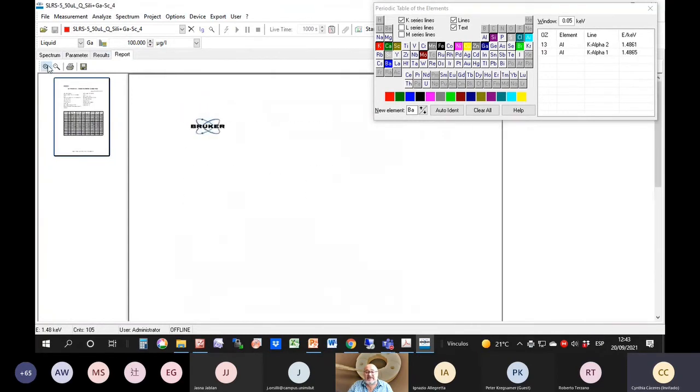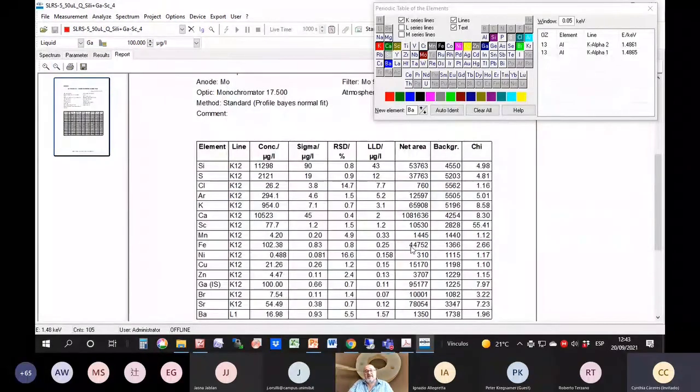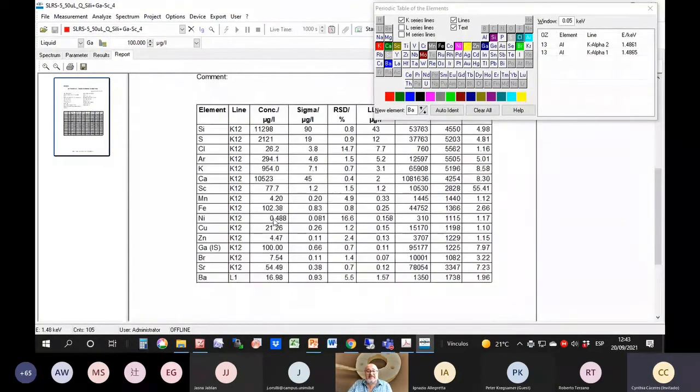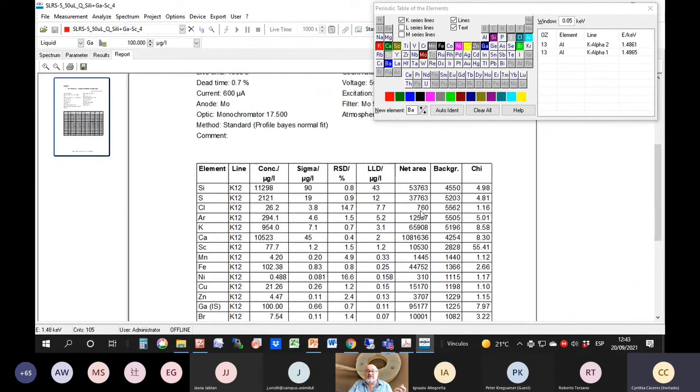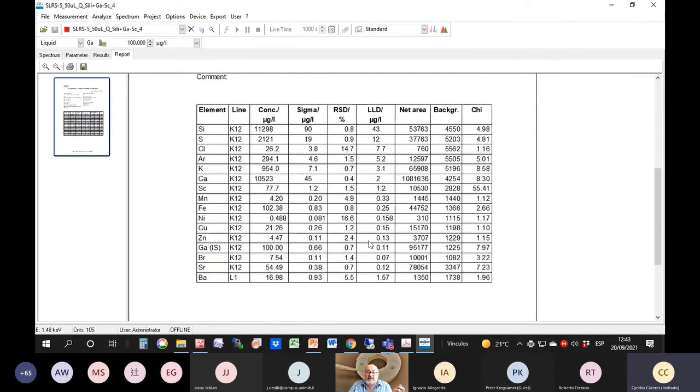Now this is in relation with something that I have commented previously. In this case, we are working at ppb level, but you can see, for example, for nickel, we are obtaining ppt level. If you consider the detection limit for all these elements from manganese to strontium, we are at the ppt level.